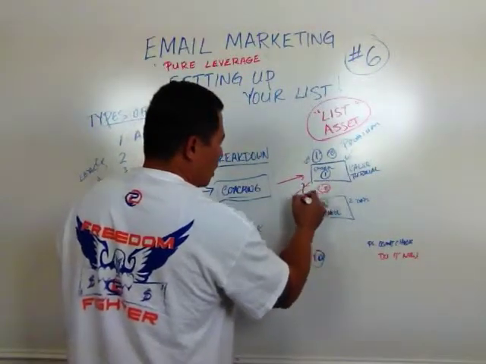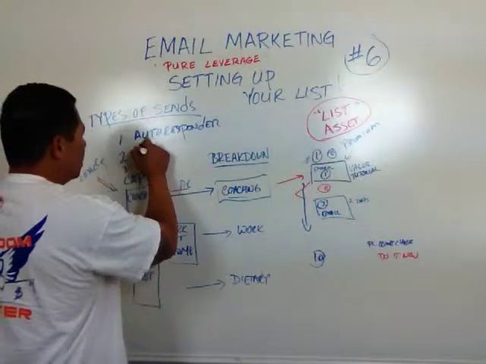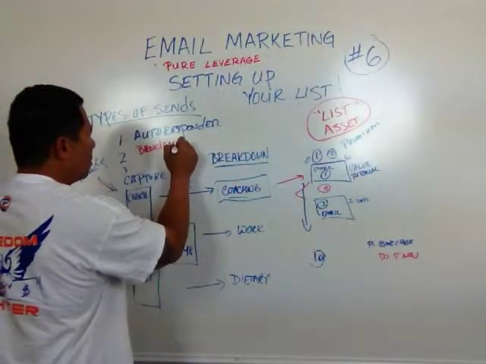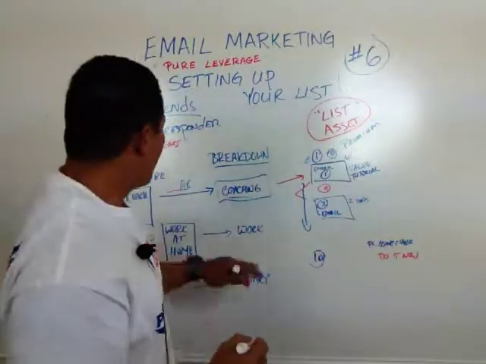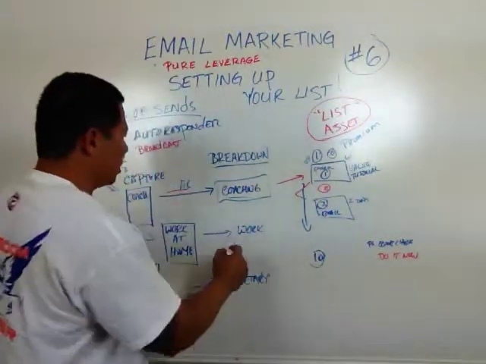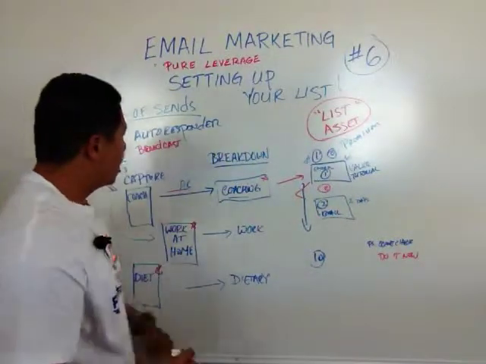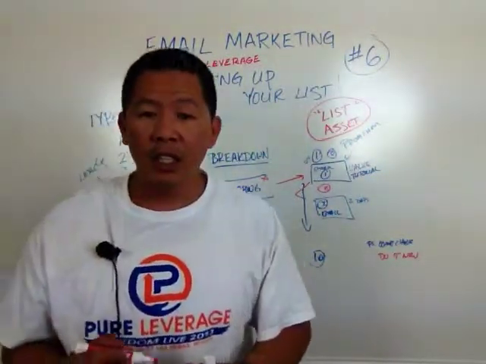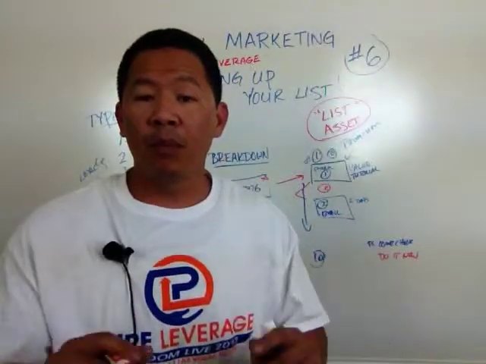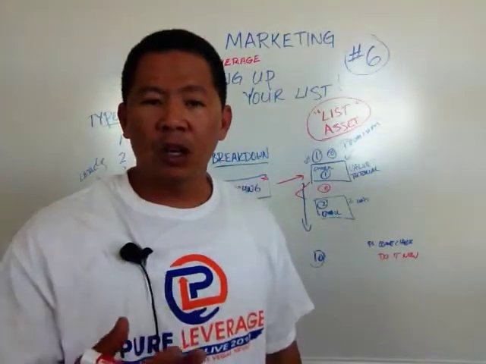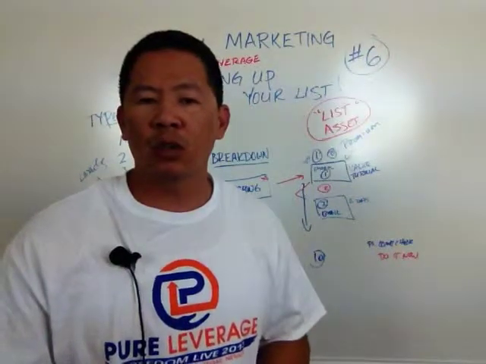In between this, you can send a broadcast message. The difference between a broadcast message and your autoresponder for your specific coaching niche, your work at home niche, or your dieting niche, is you can send a broadcast to everybody at the same time. That's what a broadcast is. People send broadcasts, come to this webinar at so-and-so time.